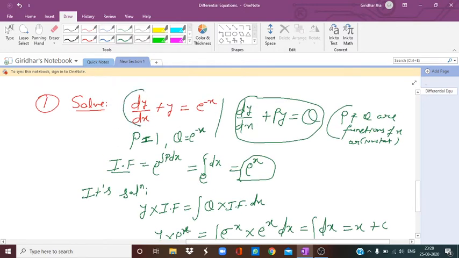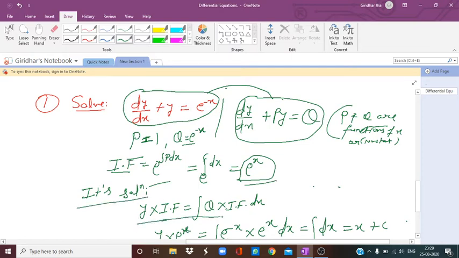dy/dx plus y equals e to the power minus x. Fine. So we compared it with our linear differential equation with constant coefficient. Correct? You get this? We compared with this equation where we came to know p and q, then the integrating factor is e to the power x, then its solution is y into IF equals integral of Q into IF dx.